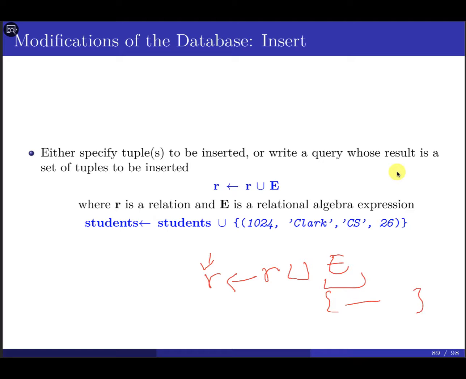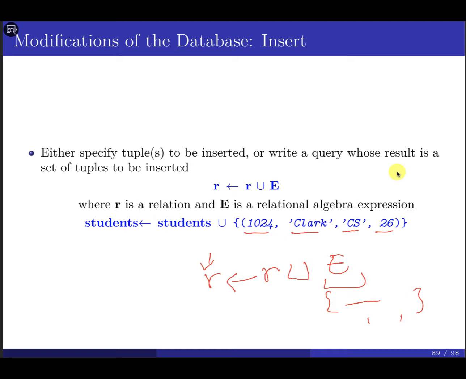We have one notation you need to follow here. If you have a string, varchar, etc., you put the value between single quotes. That's what we did before. The student contains the student ID, name, department, and the number of credits, the total credits the student has passed so far.